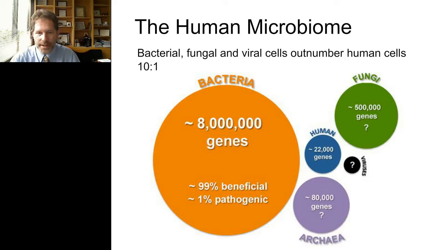And the genetic material as well, much more abundant microbial genetic material living in and on us than human genetic material. Most of these organisms are bacterial, and those are the ones that I'll be talking about most today in terms of the ways that we approach microbiome manipulation to prevent infection.